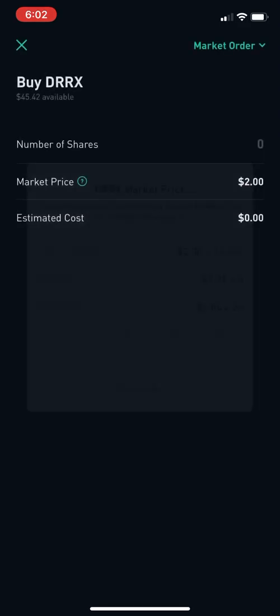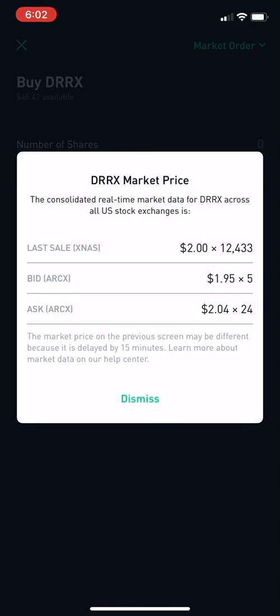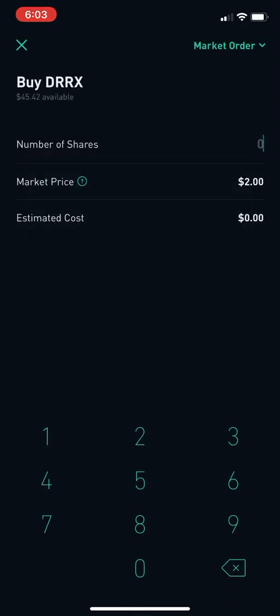Okay, market price. Sorry, I was going to see what that was, and I'm not sure what it is. Let's see, what are we looking at? The consolidated real market data. Oh, so this tells you how many shares are out there, because there's 12,433 shares, and talking about the bid, and that's stuff we're definitely not going to talk about in this video, but it's good stuff to know.